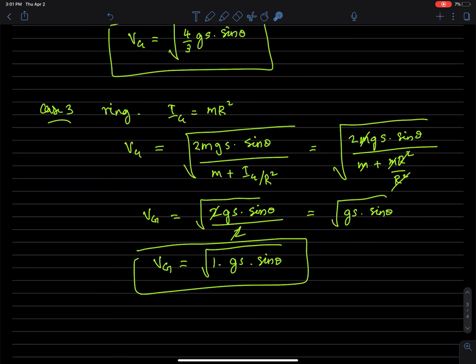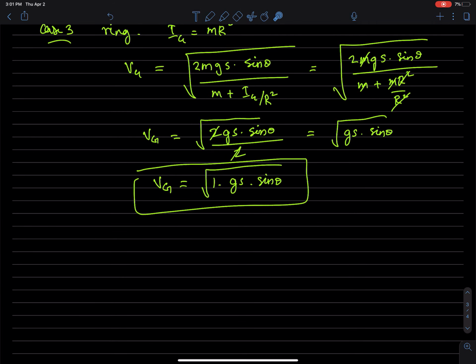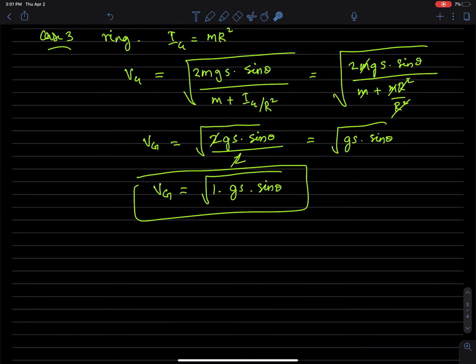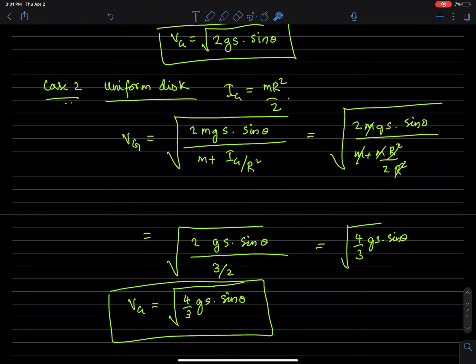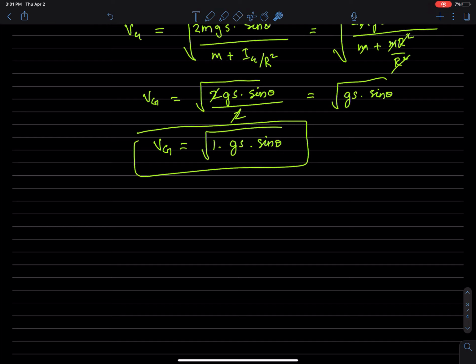And then the ring has the highest moment of inertia for a given radius, and because all the mass is concentrated at the outer rim, it's got the highest possible moment of inertia if all the mass is inside R, and has the lowest velocity. In this case, just 1 gs. This is 4 by 3 gs, and this is 2 gs sine theta with a square root. Okay, let's stop.